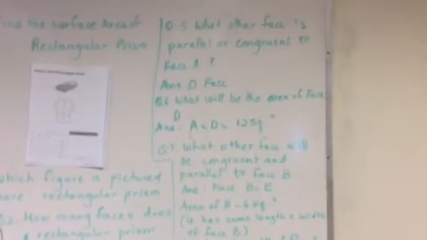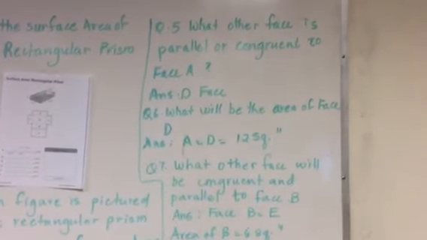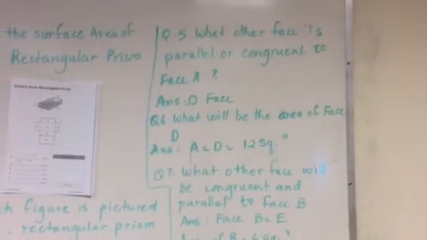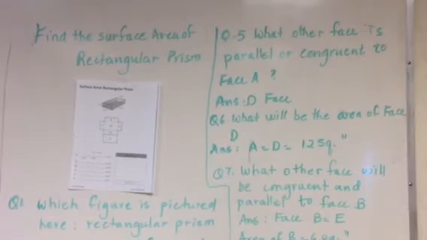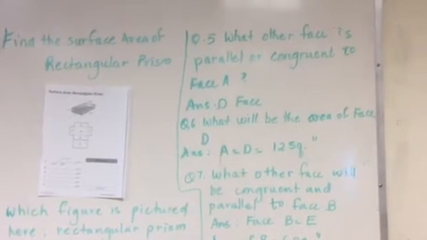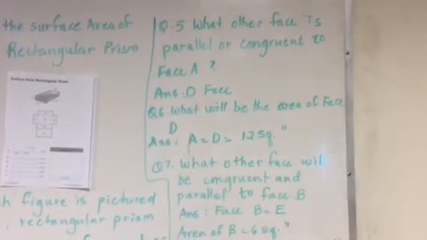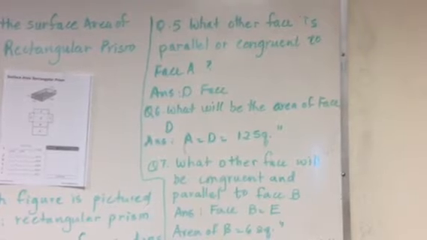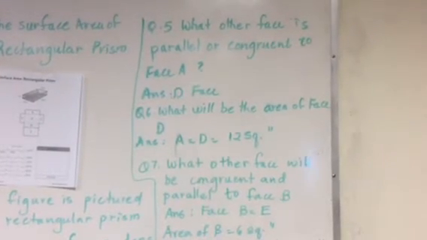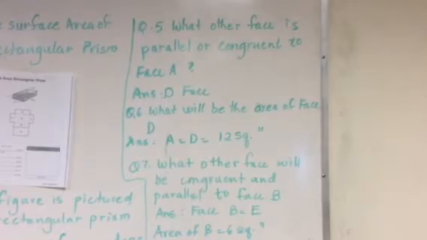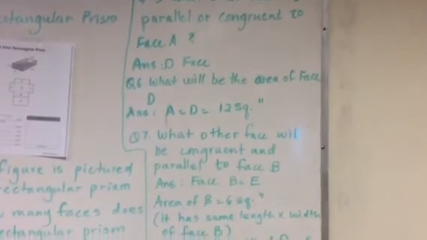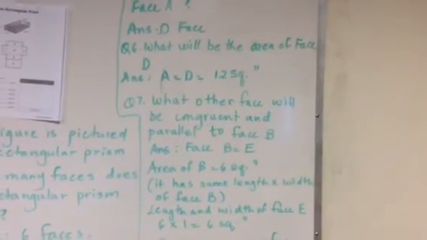Let's go back to the question: what other face is parallel or congruent to face A? Face D is congruent to face A, so what will be the area of face D? If A is equal to D, then D is also equal to 12 square inches. What other face will be congruent and parallel to face B?